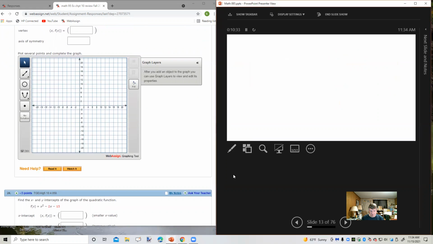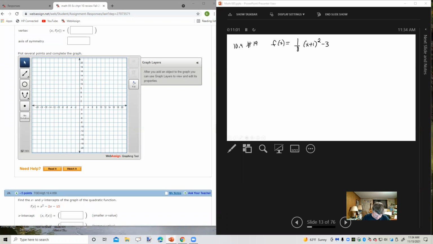Okay, so let's turn this black again. And this is still 10.4. This is number 19. It says f of x equals 1/8 times the quantity x plus 1 squared minus 3.